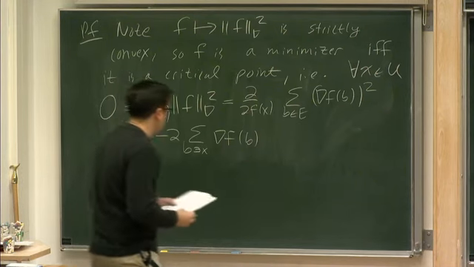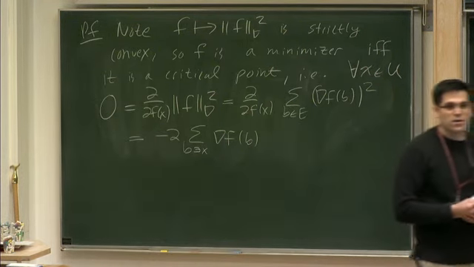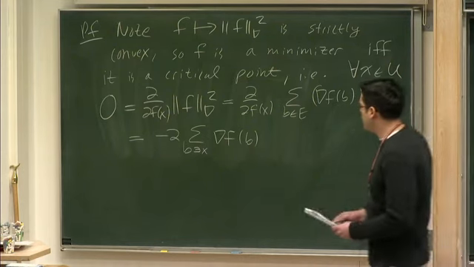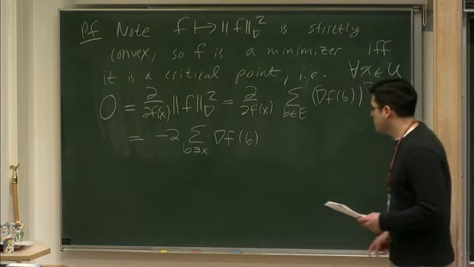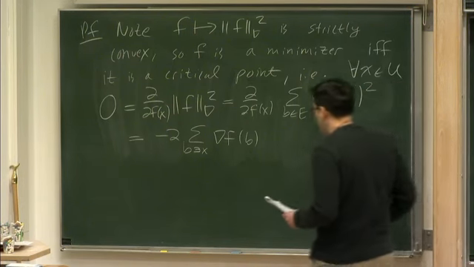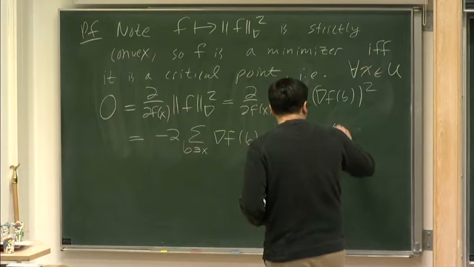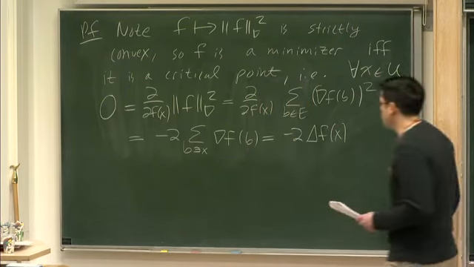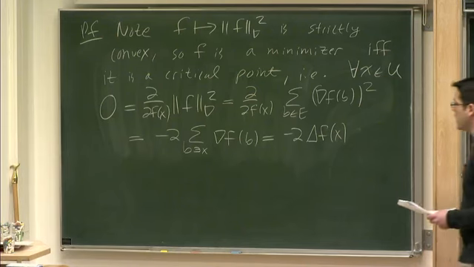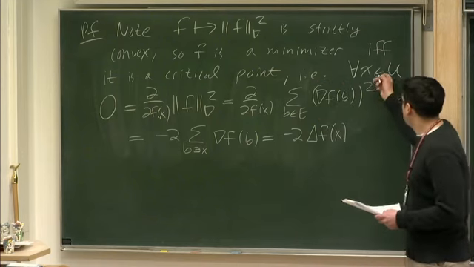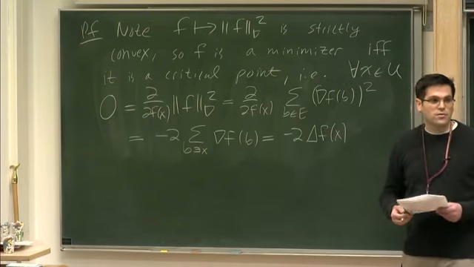All of the terms in the summation which don't contain x drop out. This is the same thing as minus 2 times the Laplacian of f at x. Since this has to be 0 at every point in U, that's the same thing as saying that this function is harmonic.